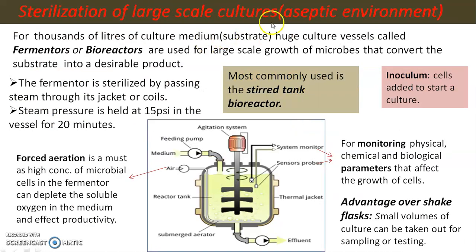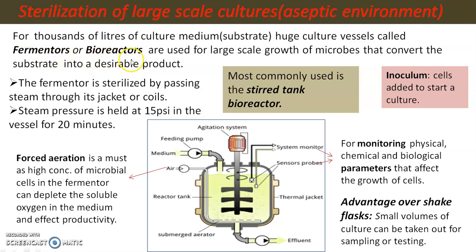Coming to large scale cultures. How do you carry out sterilization of large scale cultures? So maintaining an aseptic environment when you are trying to have thousands of liters of culture media, that means you are doing it at a commercial level. That media is called the substrate on which the microbe is growing. Such huge vessels are called fermenters.